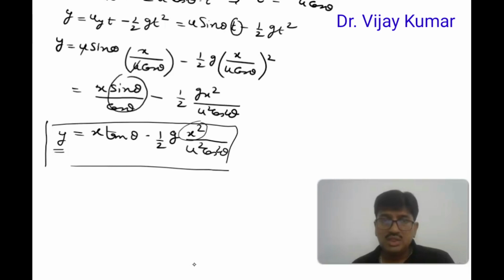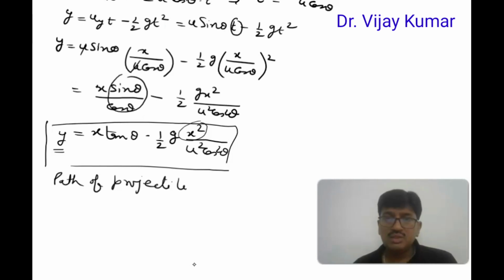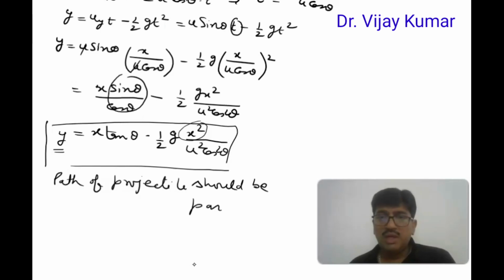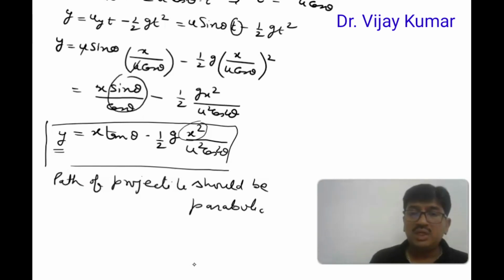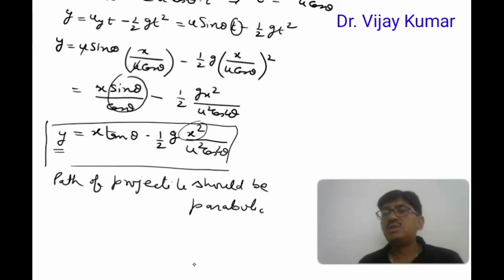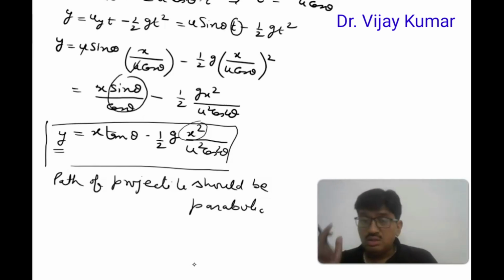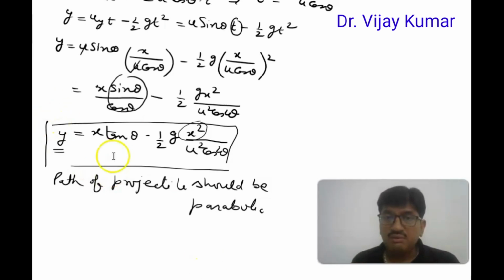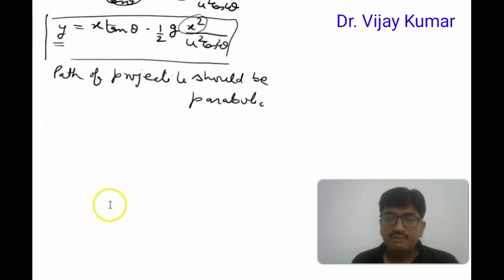So we can say that the path of the projectile should be parabolic. If we have to prove what the path of projectile motion is, we can prove that it is parabolic.